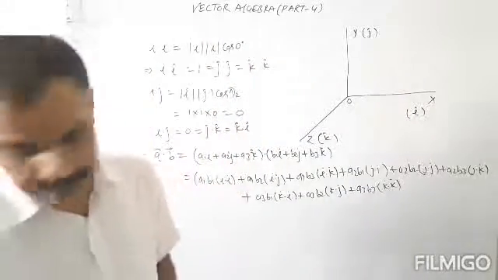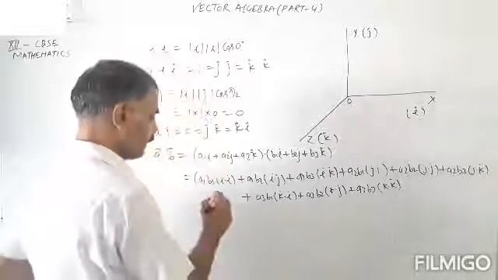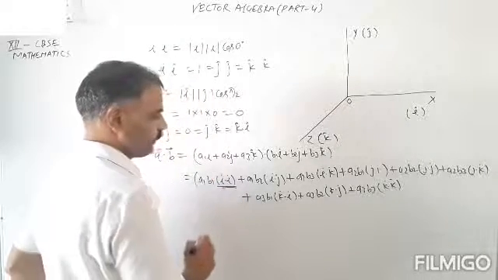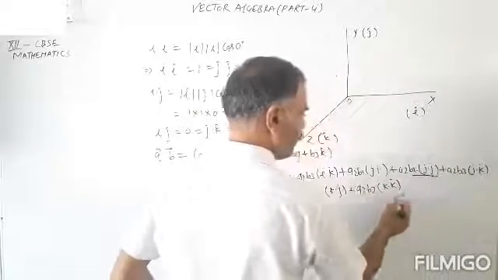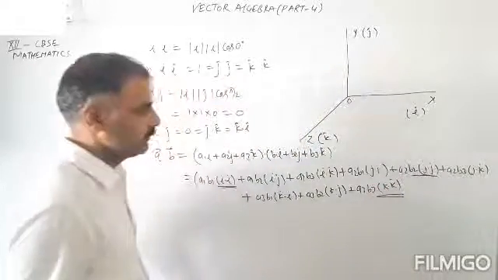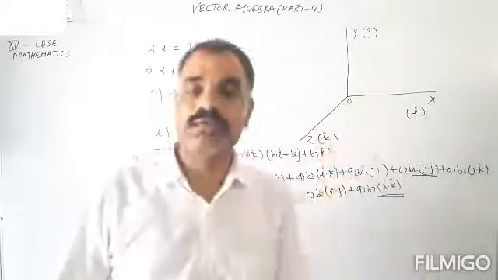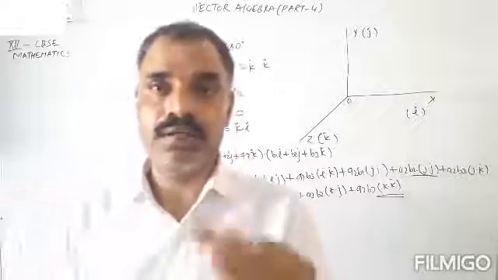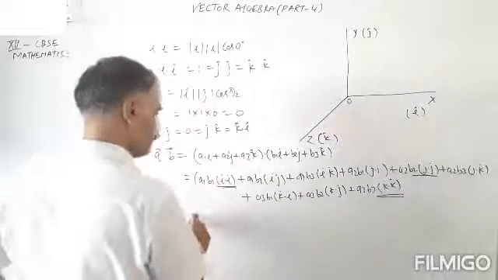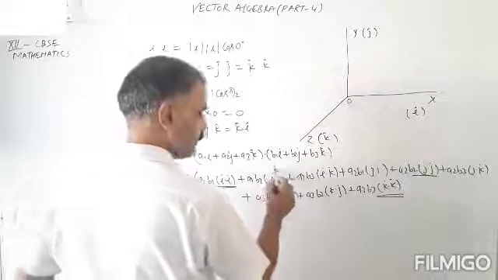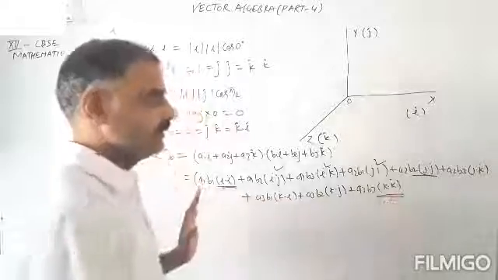Now we know that i cap dot i cap equals 1, j cap dot j cap equals 1, and k cap dot k cap equals 1. So the underlined terms are 1, but i cap dot j cap and all the remaining terms are 0.